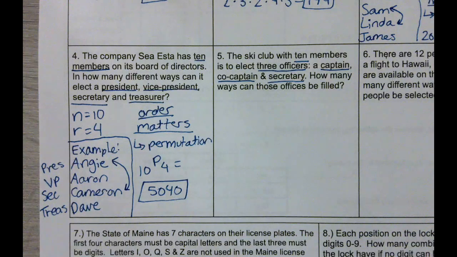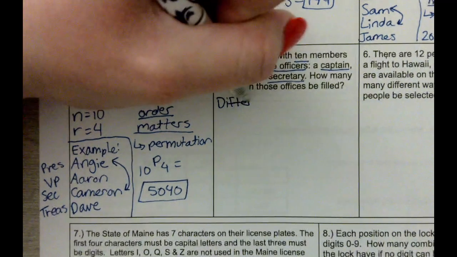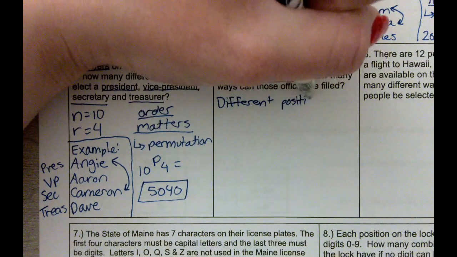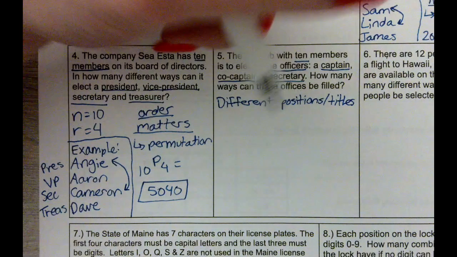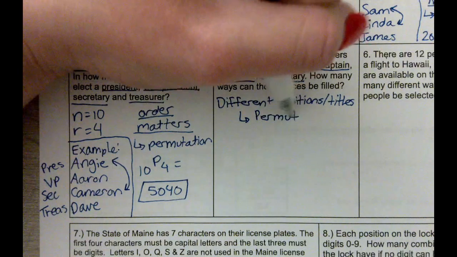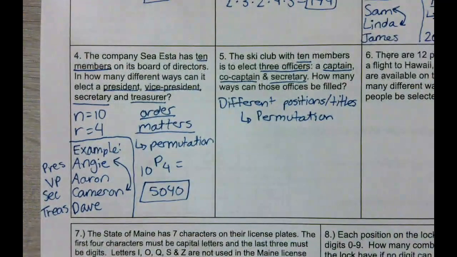Order absolutely matters here. You could call these positions or titles. That means, again, you have a permutation. That's how you can tell. These are some of the more obvious examples of permutation.